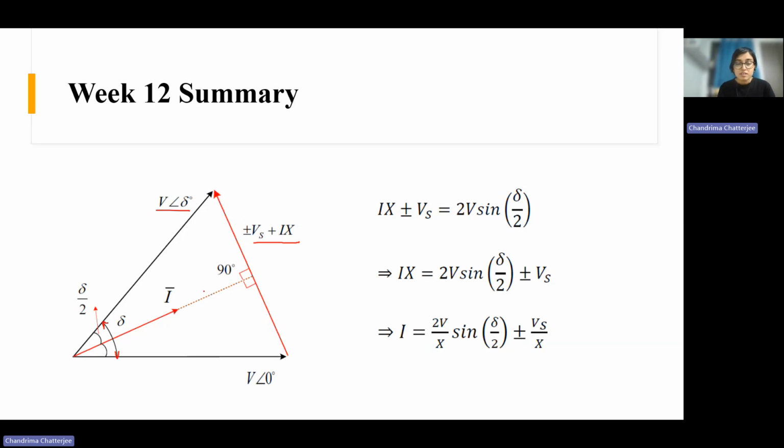Now, obviously, as it is used for reactive power compensation, two cases may arise. The first one is the current, the line current basically. Either it will lag this voltage Vs by 90 degrees or it leads this voltage by 90 degrees.